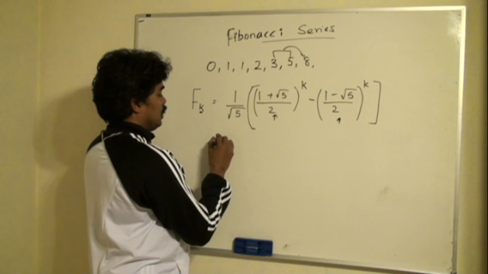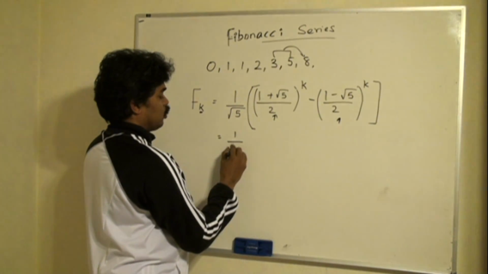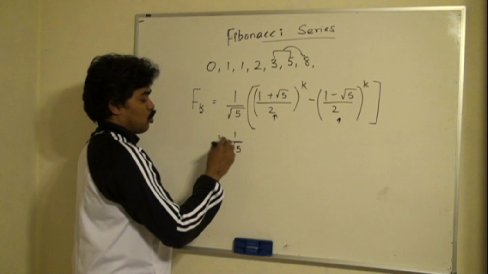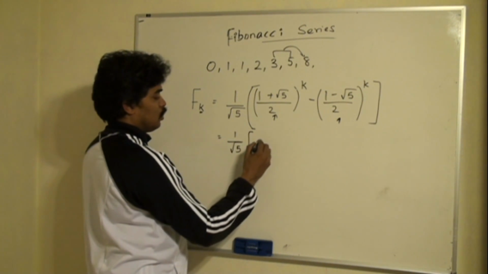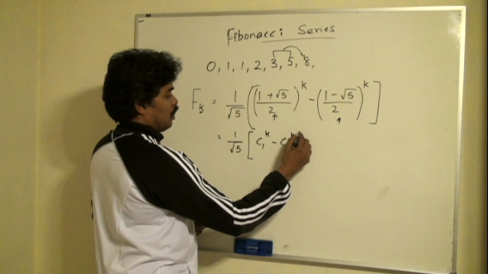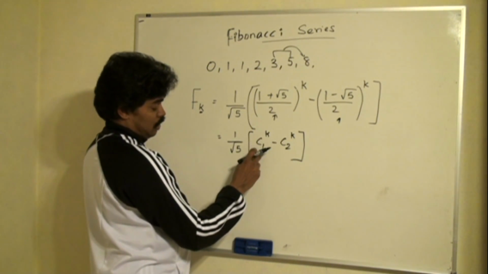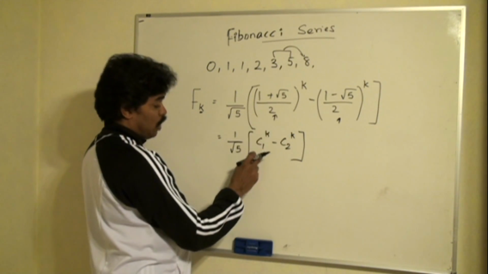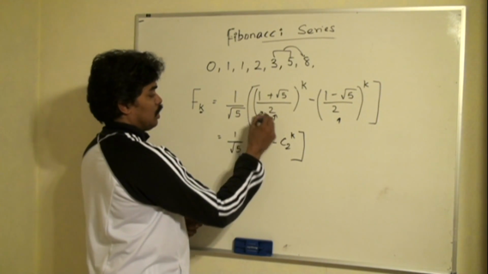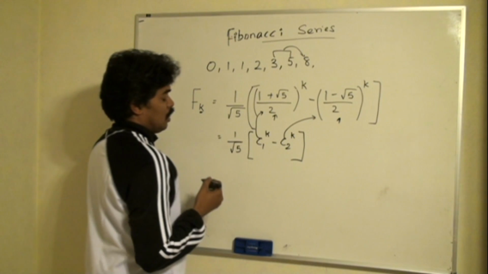So basically this is 1 by square root of phi times C1 to the power k minus C2 to the power k. C1 is nothing but this, and C2 is nothing but this.